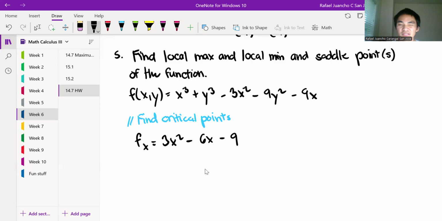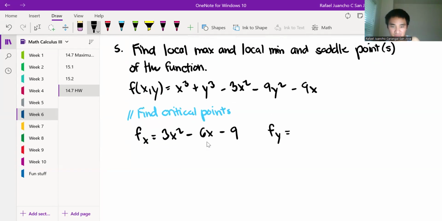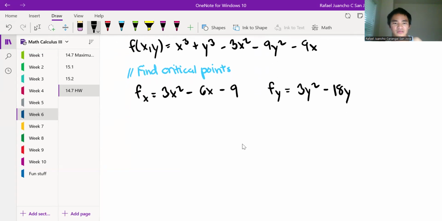X cubed is 3x squared. Okay. And then my f sub y is 3y squared minus 18y. That's it. Okay, now I make them equal to 0. And so here, I actually don't need to do any systems, right? I just need to solve for x, solve for y, that's it.